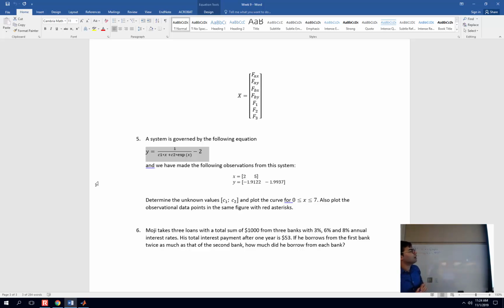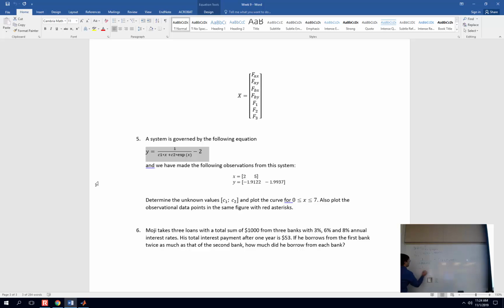So in this case, what we have are observations, x and y. X is 2, y is negative 1.9122. So we have 1 over negative 1.9122 plus 2 is equal to c1 times 2 plus c2 times exponential of 2.